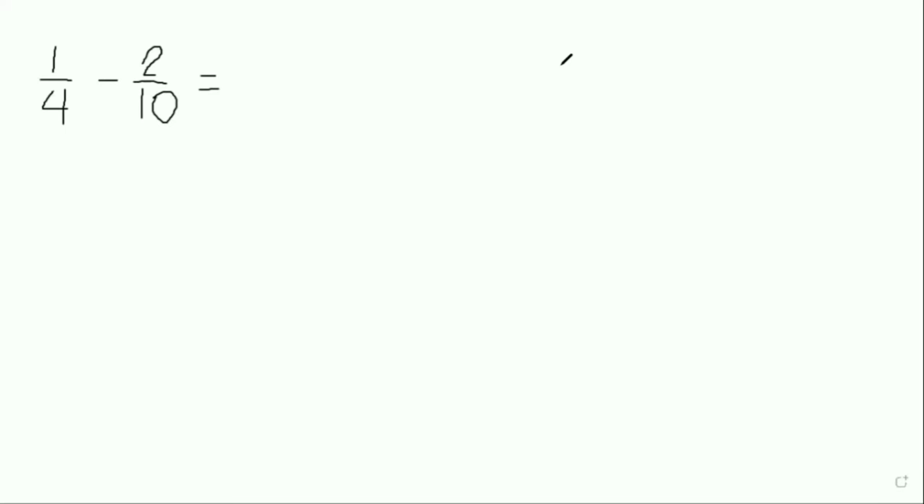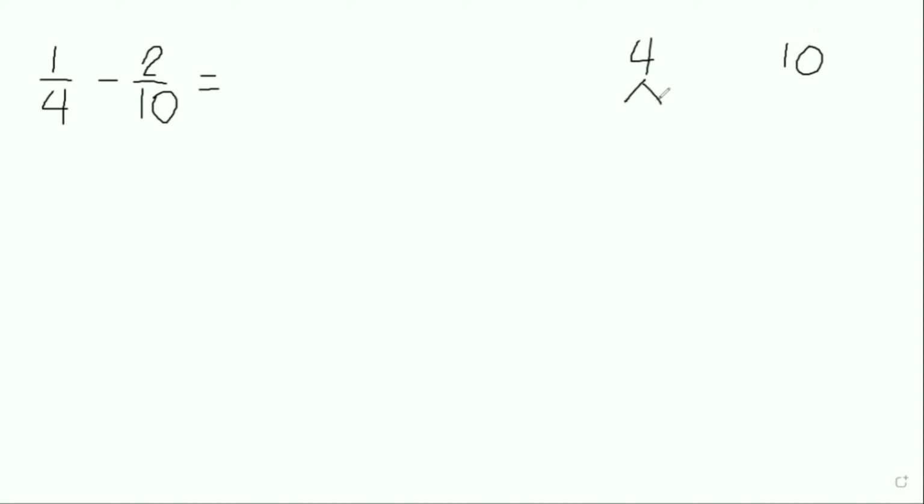Our second example for dissimilar fractions is 1/4 minus 2/10. Muli, kukunin muna natin yung LCD ng ating given. Gagamitin natin yung prime factorization. Let's write the denominators here. Kapag prime factorization, ifa-factor lang natin yung number.